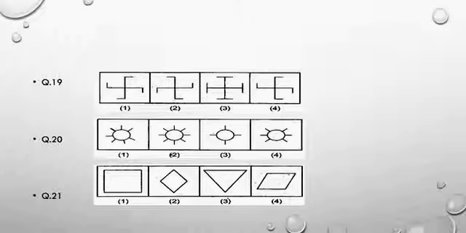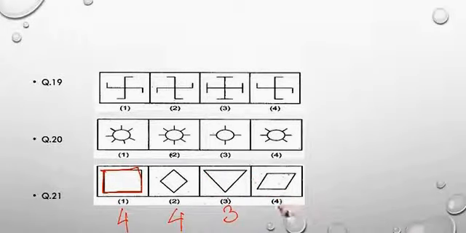Let's move to the next question, question number 21. There are 4 problem figures given. In case of problem figure 1, the design is a rectangle which has 4 lines. In the next design in problem figure 2, there are 4 sides to the figure. In problem figure 3, there are 3 sides and this is a triangle.